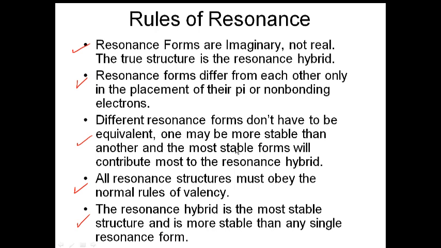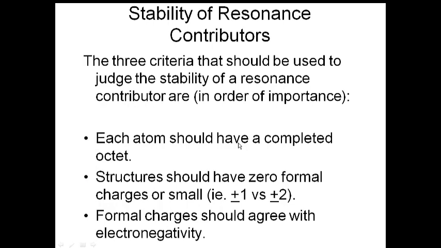The only thing here is, how do we know what the more stable resonance structure is? Well, fortunately, we've got 3 rules that we can use to judge the stability of the resonance structures, what we could call resonance contributors. And these are in order of importance. So we use rule number 1. If 2 structures or 3 or 4 or 5 structures are still tied after rule number 1, we go to rule number 2.